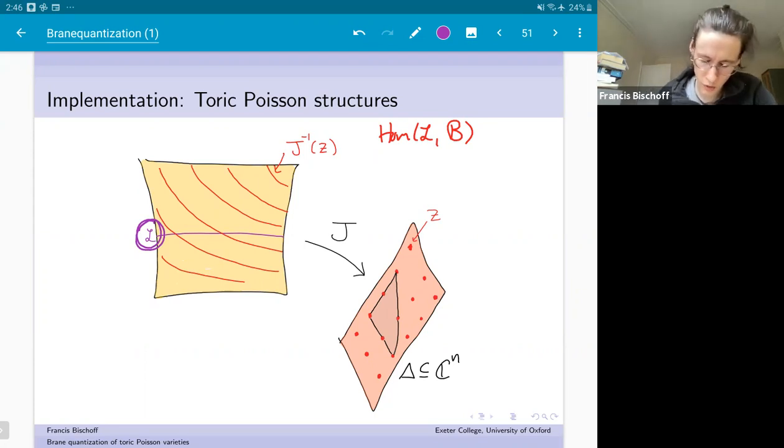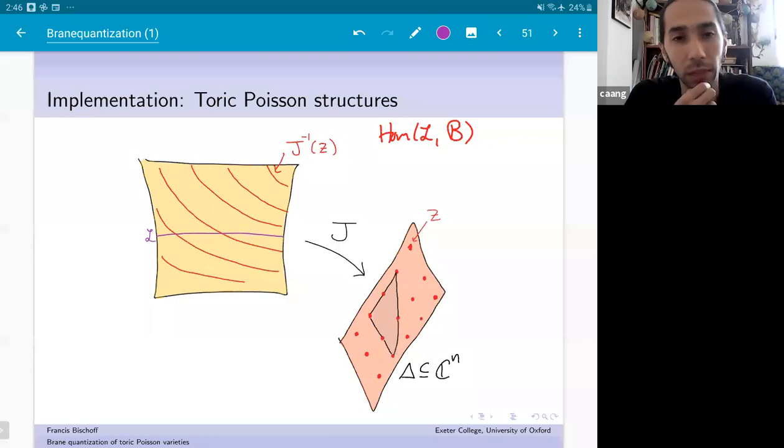It's only when you impose this intersection property, this kind of intersection constraint, that the result is independent. So I guess something like that would have to come in general, and that's something that's work in progress. Yeah, that was exactly what I meant, because here you know what the image of the moment map is going to be, but in general. Okay, thank you.